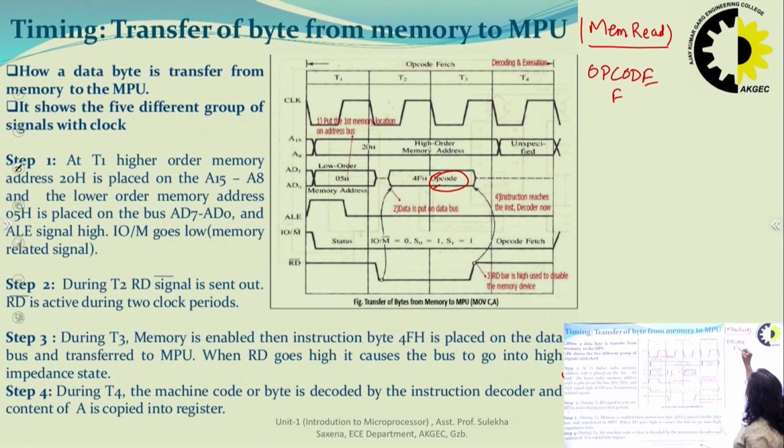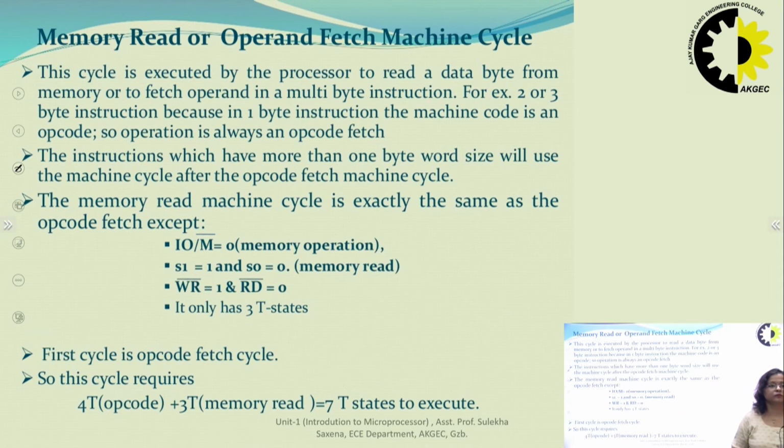And if we fetch data, then it becomes operand fetch. So now we will move towards the memory read or operand fetch machine cycle. In the case of memory read, IO/M bar will be 0, S1 S0 are 1 1, and since we are reading, read bar will be 0 and write bar 1. Since we are just reading data, there is no operation of decoding an opcode, and hence it requires only T1 to T3.